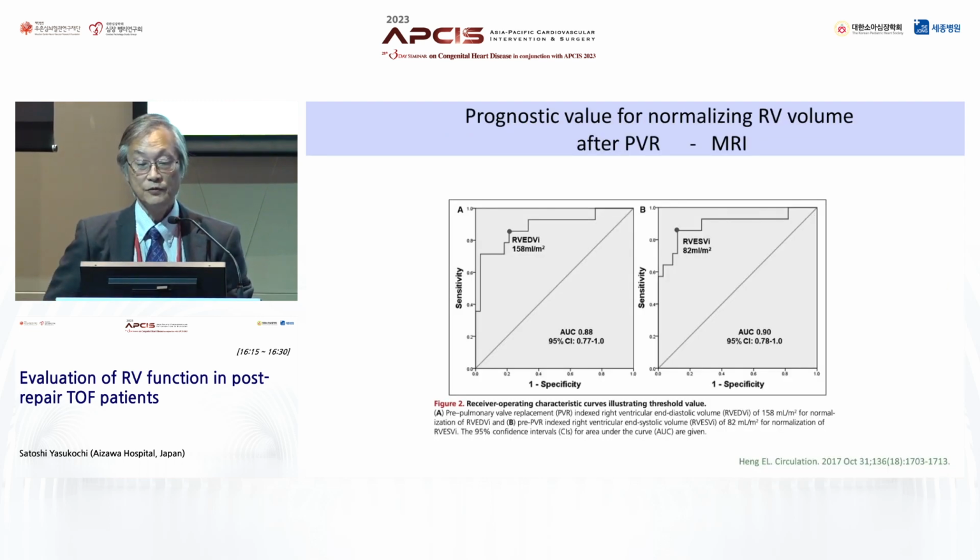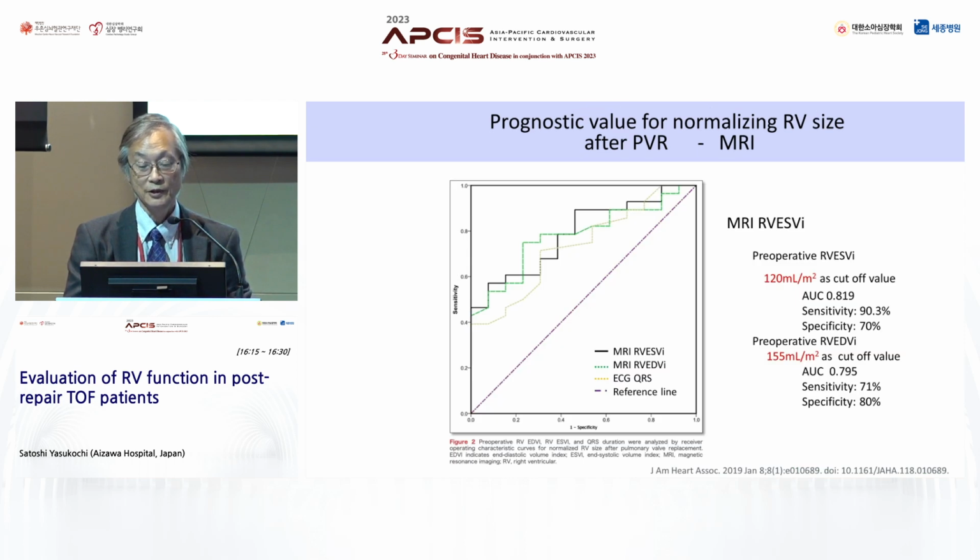So the prognostic value for normalizing the RV volume after PVR was studied using MRI. This paper reported 158 ml per square meter of RV EDVI and 82 ml per square meter of RV ESVI as cutoff values for normalized RV function after PVR.